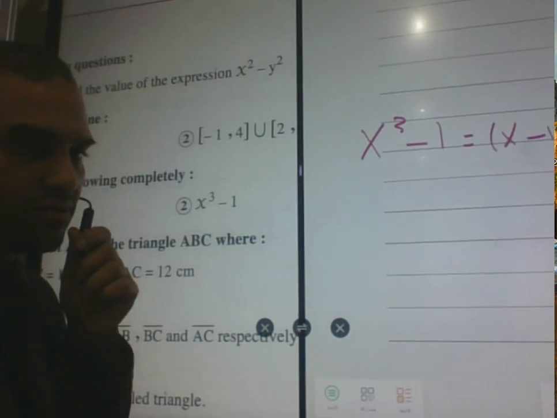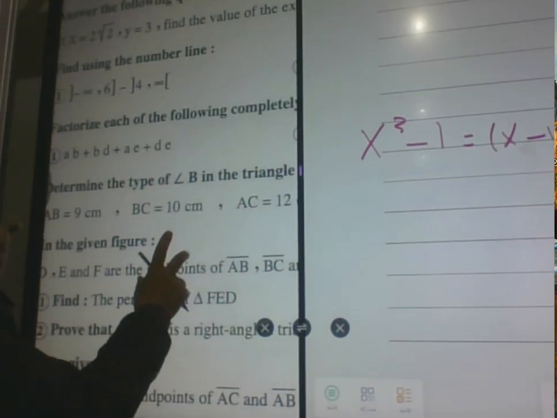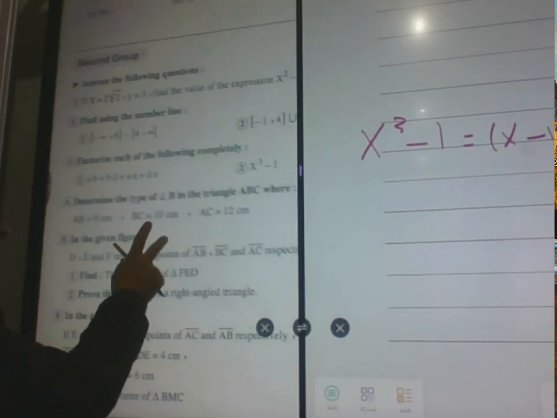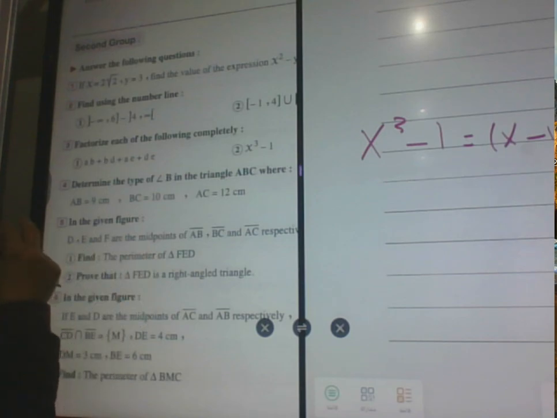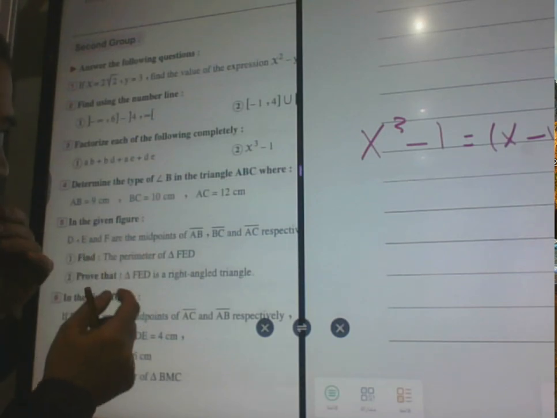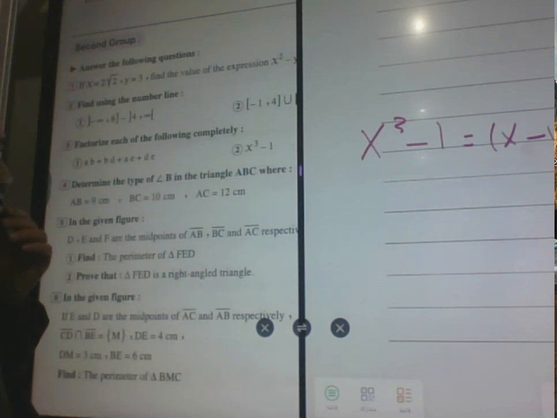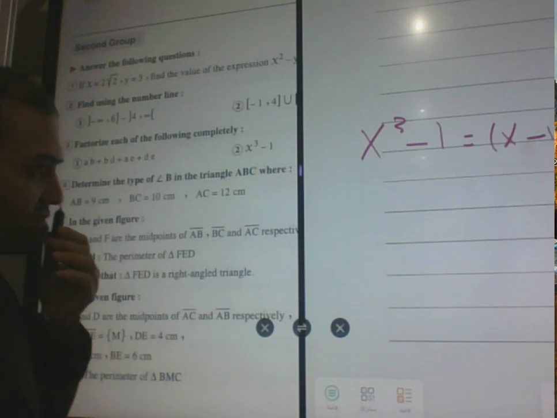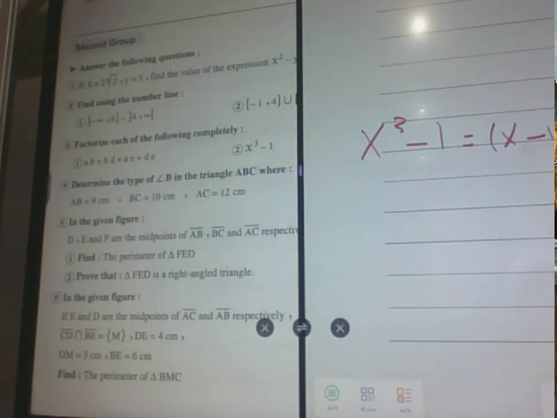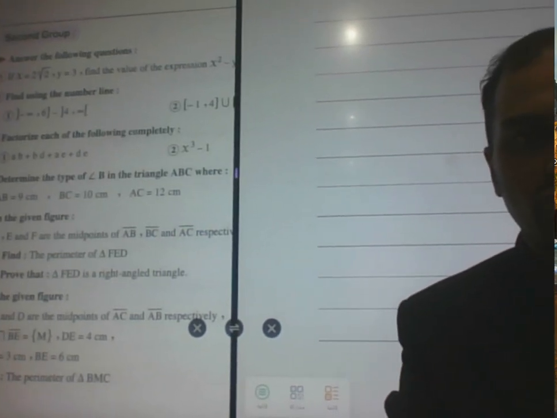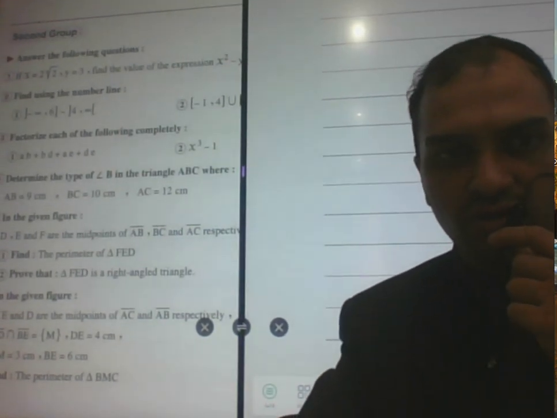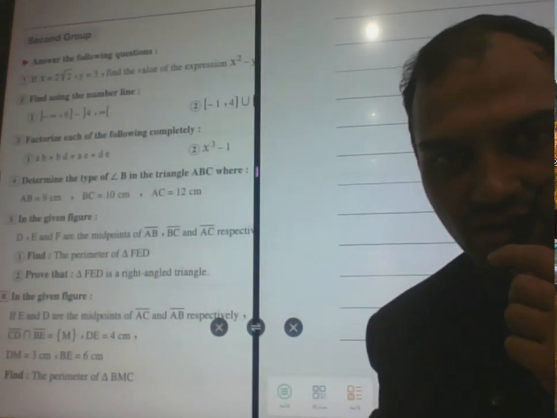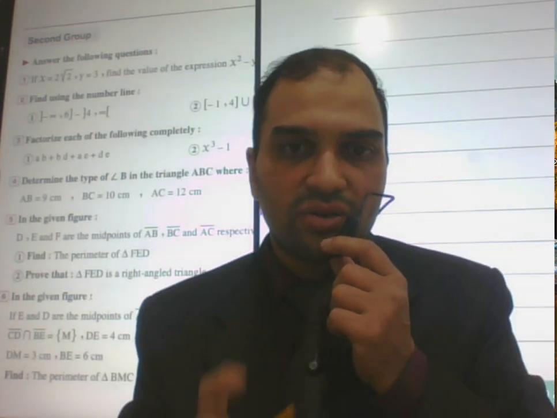Next question now. We have a triangle, and we want to determine the type of triangle. ABC, we have AB equal 9 centimeters, BC equal 10 centimeters and AC equal 12 centimeters. To determine the type of triangle, you must find the greatest side, power 2 first. We can find that the longest side here is AC, power 2 first.